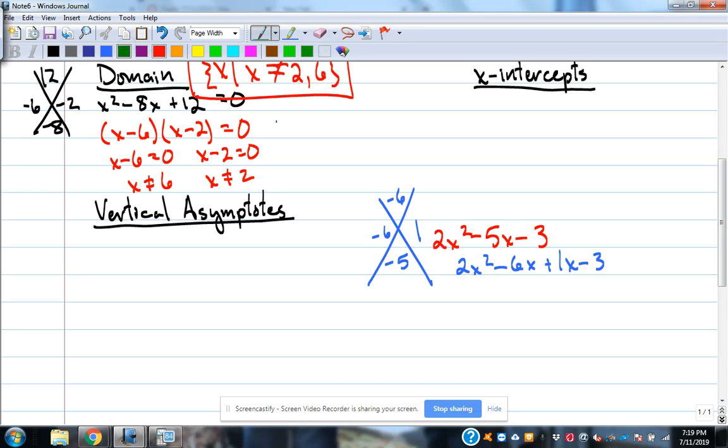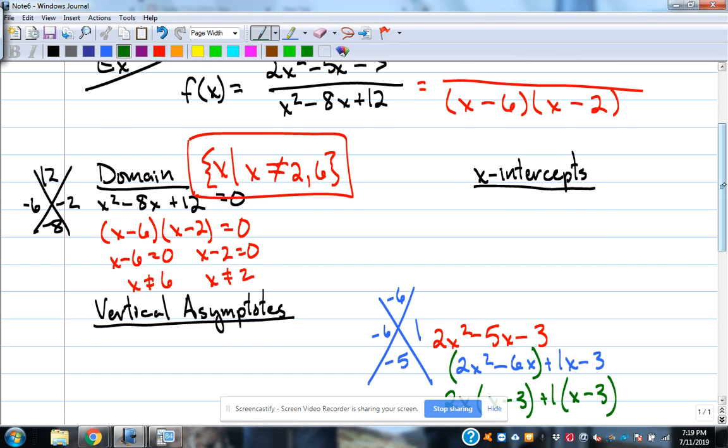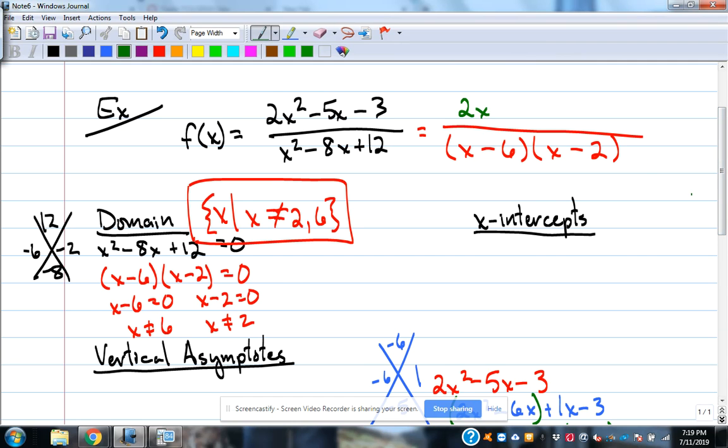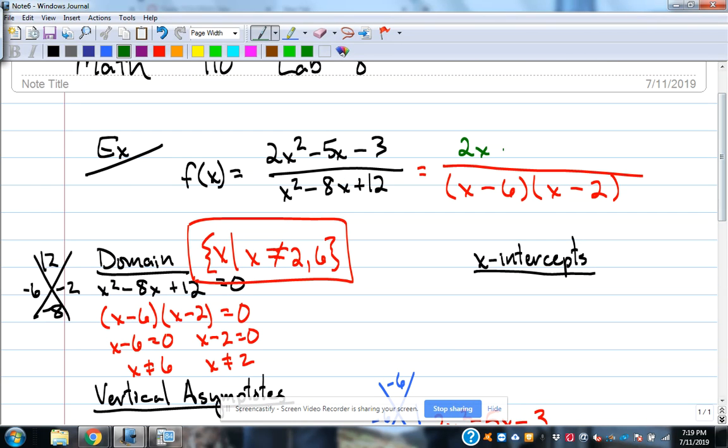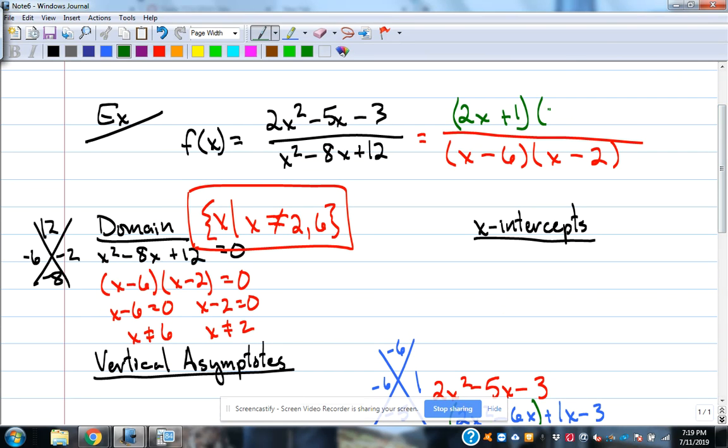I'm going to group that together. 2x, x minus 3 plus 1, x minus 3. So the factored form of the numerator is 2x plus 1 and then x minus 3.